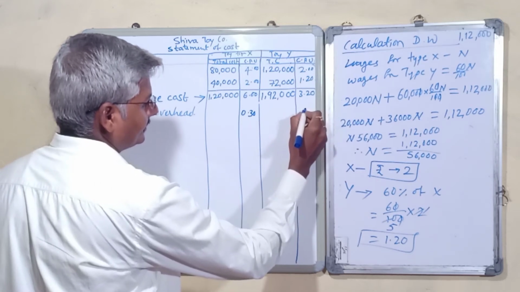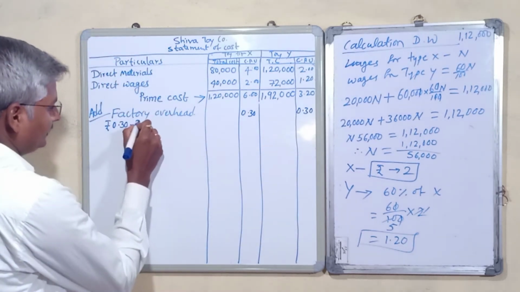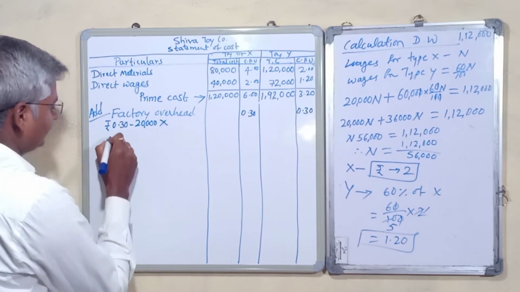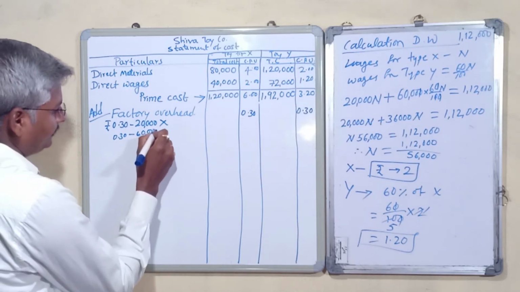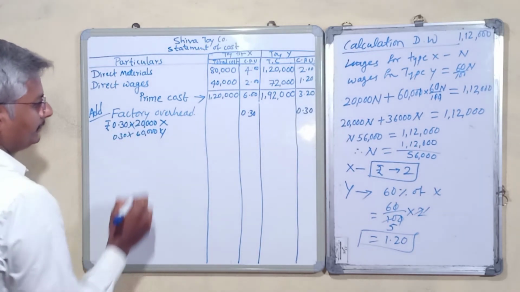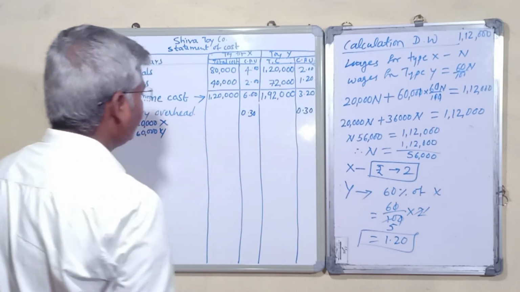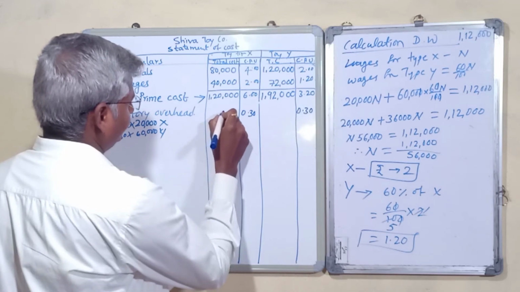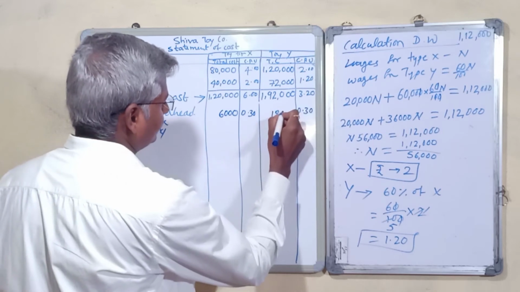Then 20,000 units of X and 0.3, 60,000 units of Y. 30 paisa into 20,000 units we will get 6,000, so I will write 6,000 here and here it is 18,000.